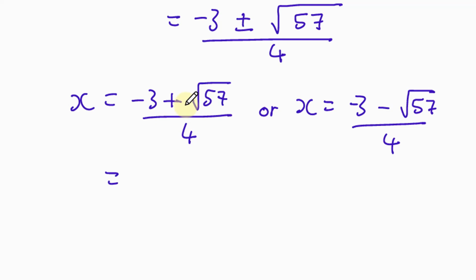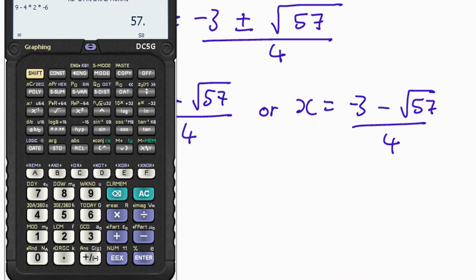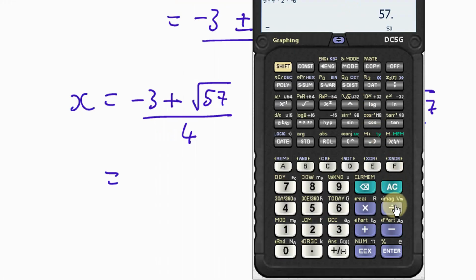And we can do this on a calculator. So it's negative 3 plus square root 57 divided by 4. And we have to give our answer correct to 2 decimal places. So it's 1.14.